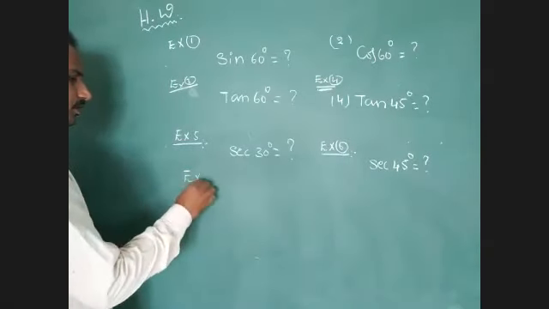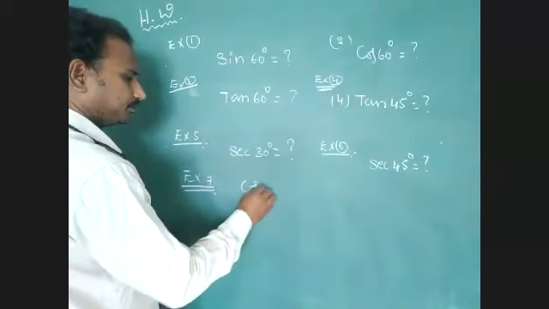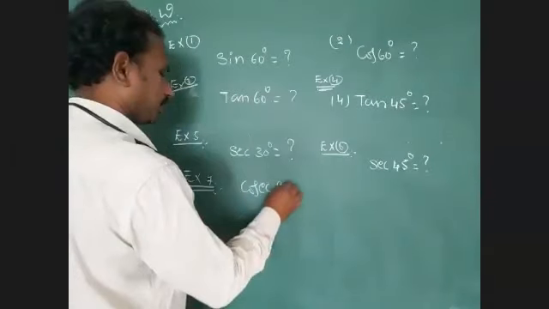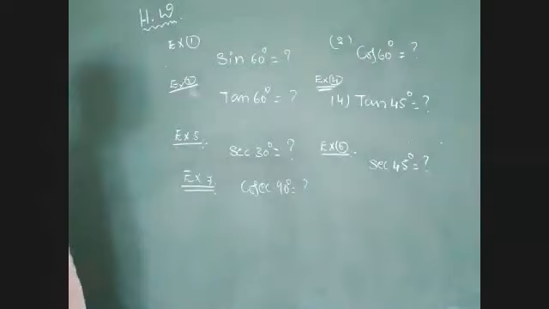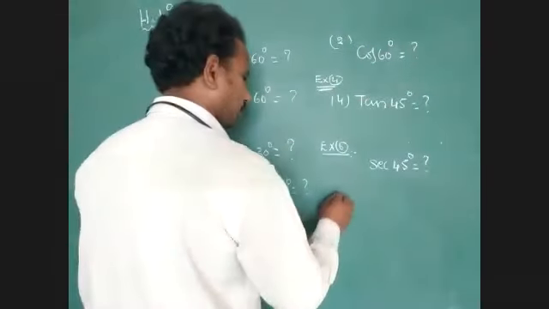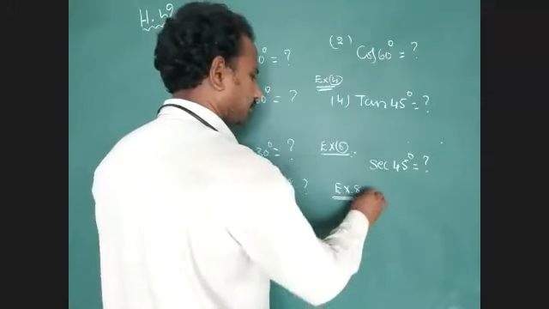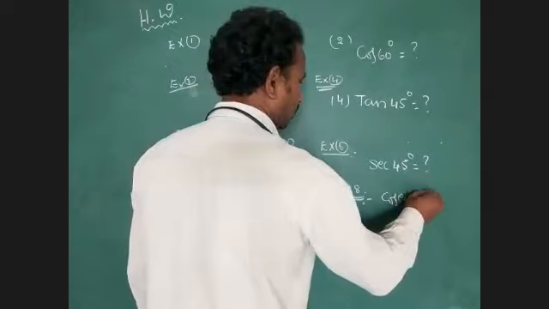Example 7: cosecant 90 degree equal to question mark. Example 8: cosecant 0 degree equal to question mark.